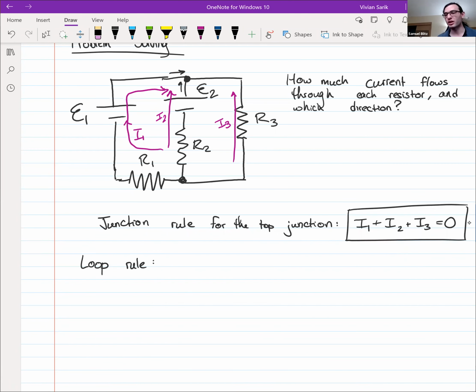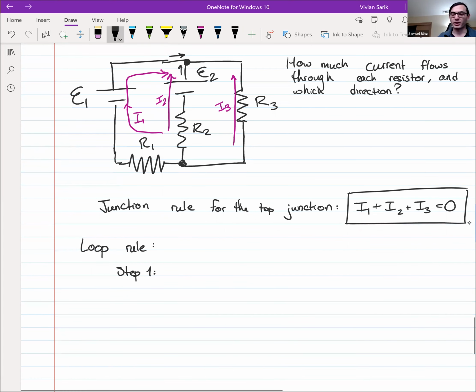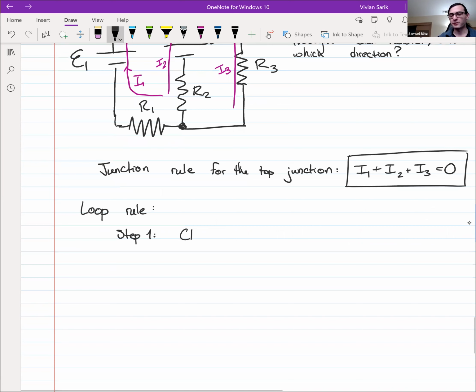So I'm going to lay out the steps for the loop rule that we're going to follow. Step 1. Once we've picked a loop that we're going to find the loop equation for, you have to choose a loop direction. Often that loop direction will be easy because you can just pick the direction that aligns with your guess of current.